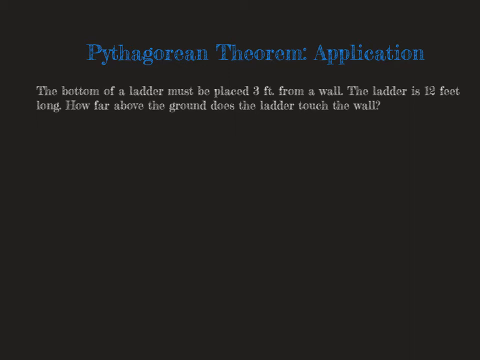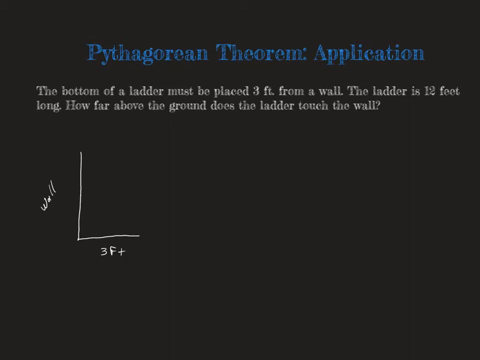The next one says the bottom of a ladder must be placed 3 feet from the wall. So again, we have a ladder and a wall. So I'm going to draw my wall right here. And it tells you that it must be placed 3 feet from the wall.